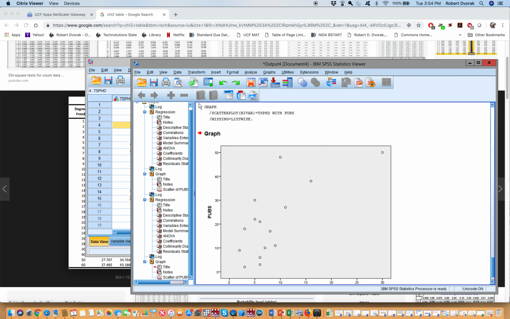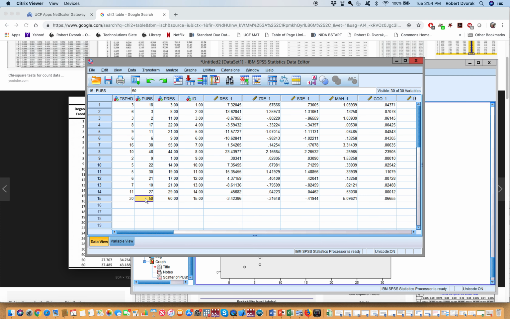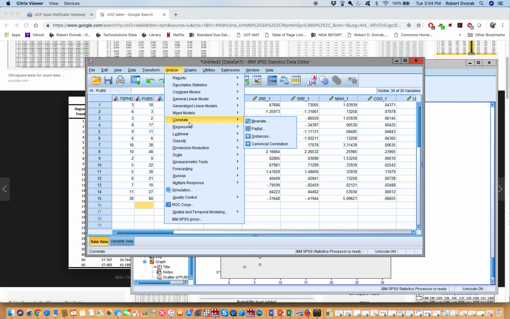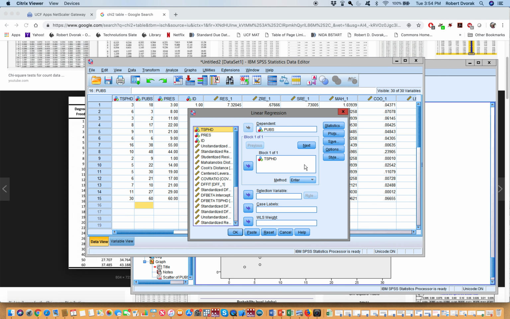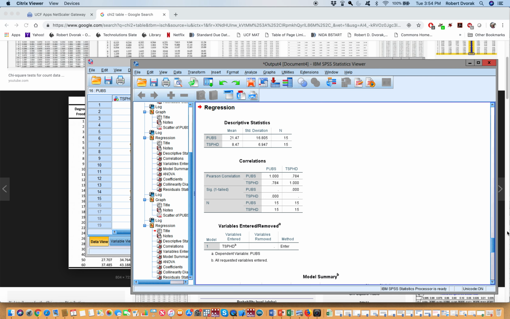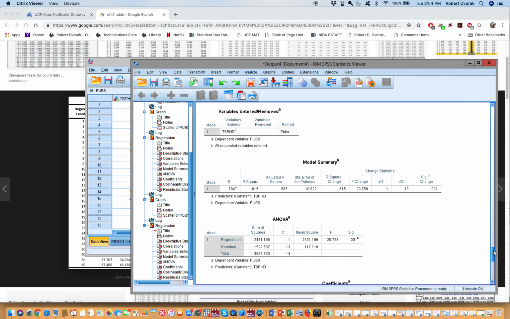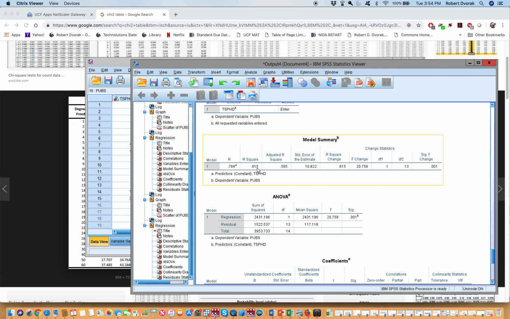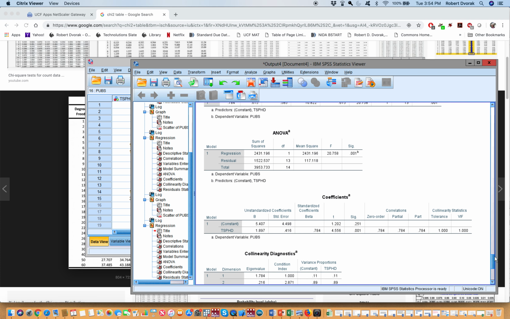So let's do that. Let's come back over here. Let's change this to 60. That should put it closer to that line. Analyze, Regression, Linear, run it all the same. R-squared should have gone up more, I'm guessing. Oh, now it went way up. So now it's 0.615 or 0.62 versus 0.43. That's almost 20% more. Our slope, 1.897.